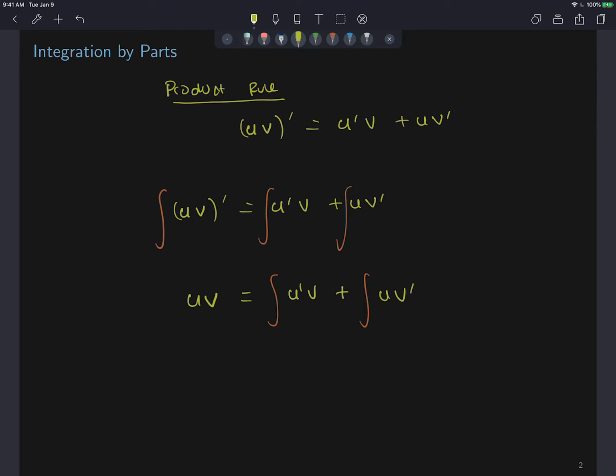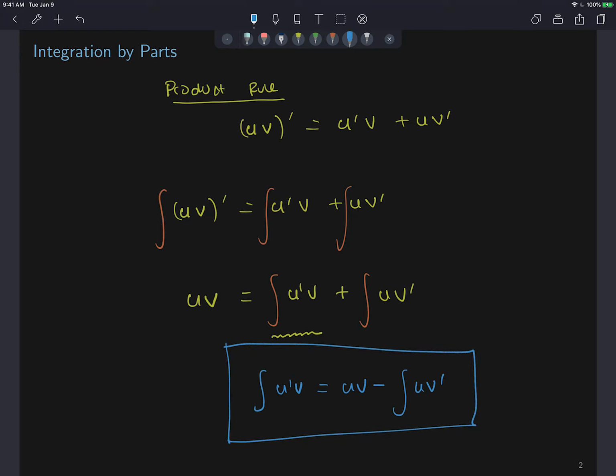So this is basically the rule for integration by parts, only that we're going to have it solved for this term in the middle. So if I solve for that term, integration by parts looks like the integral of u prime v is uv minus the integral of uv prime. So if you forget the rule for integration by parts, it's not hard to come up with it.